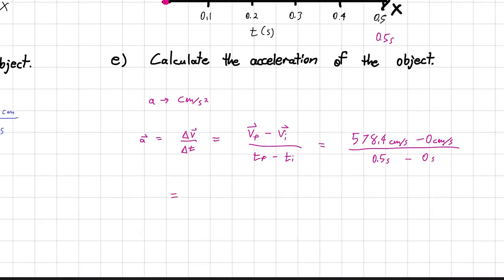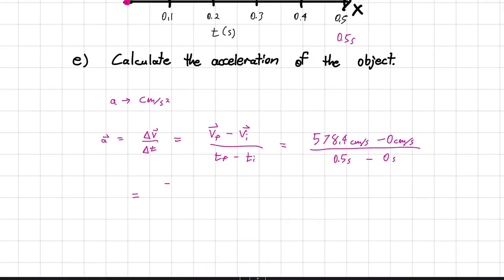Once again, the zeros go away. And what's nice to pay attention to is our units here. We have centimeters per second over seconds. So that will work out with our desired units of centimeters per second squared.